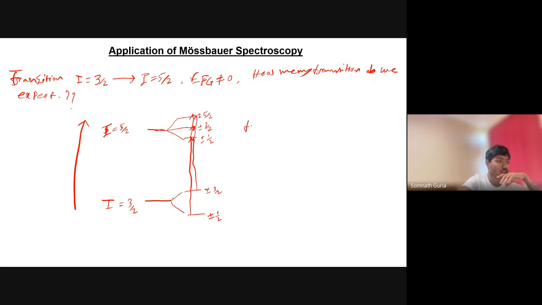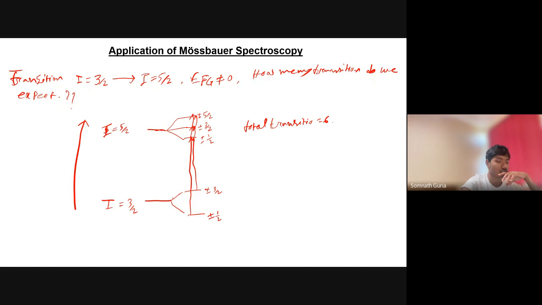So the total number of transitions is 6. Now the question is, the transition from I equals plus minus half to I equals plus minus half, and I equals plus minus 3 by 2 to I equals plus minus 3 by 2.